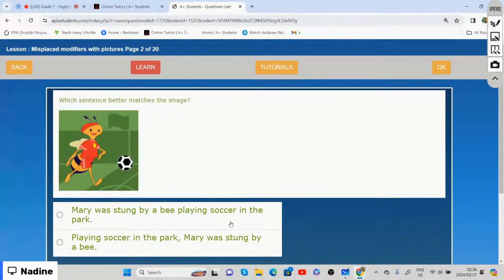It's not a misplaced modifier. We need to choose the correct sentence. Is it the first option or the second option?